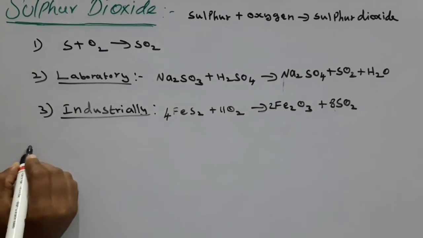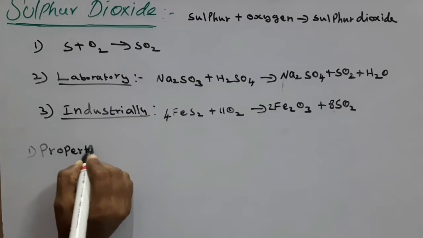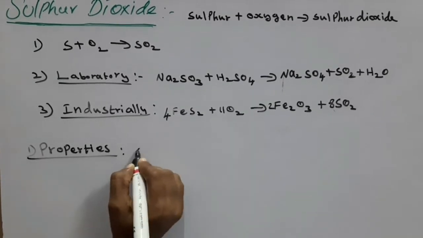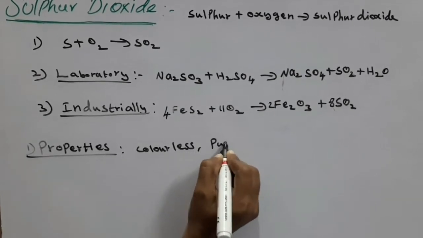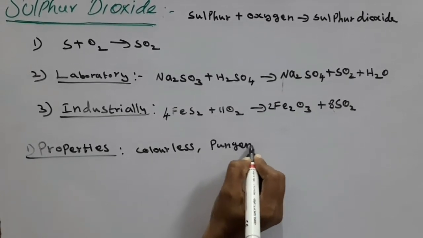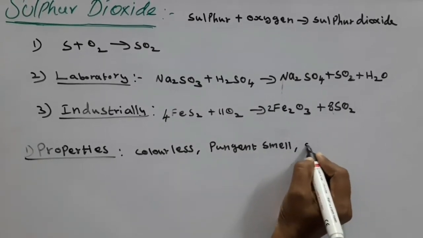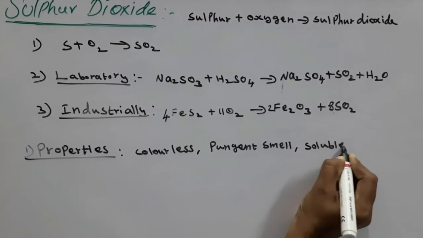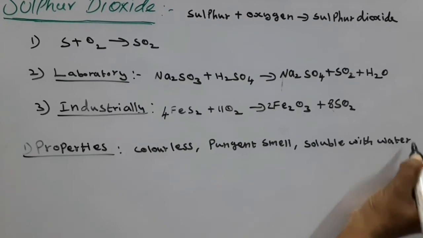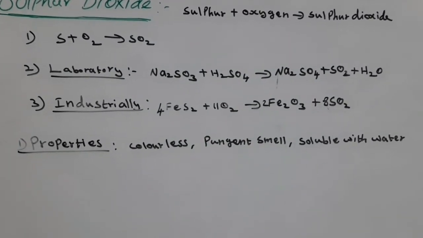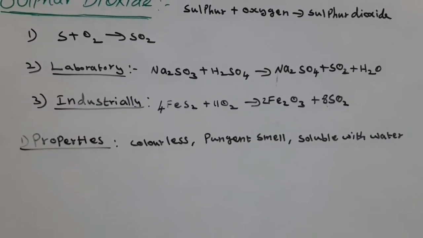And physical properties: it is a colorless gas with a pungent smell, and easily soluble in water. So suppose in industrial areas sulfur dioxide is present in excess in the atmospheric air.